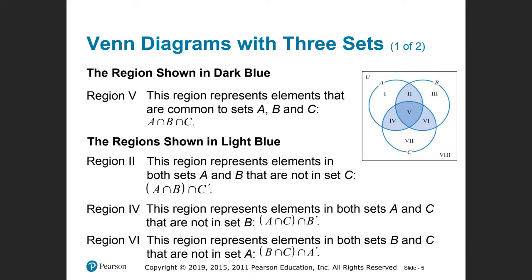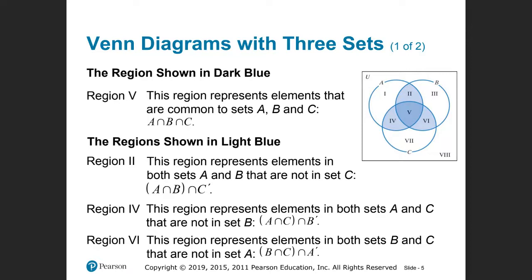So starting in the center, the darkest part, 5, this region represents elements that are common to sets A, or circle A, B, and C. Next, you see that there are 3 regions.